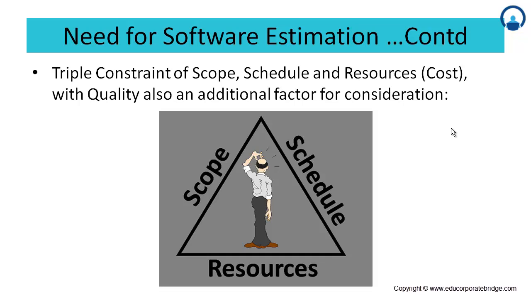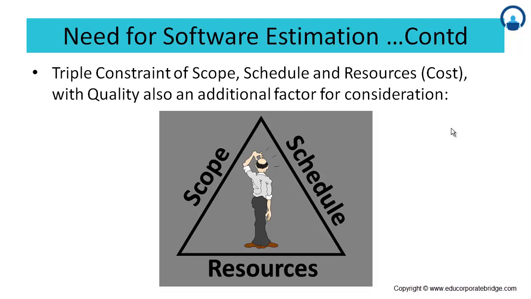So you can't look at only scope, trying to satisfy the customer by giving in to all his change requests or whatever changes he keeps asking for in the requirements, or keep going from June to July to December and keep extending the schedule, or keep putting infinite resources on the project.